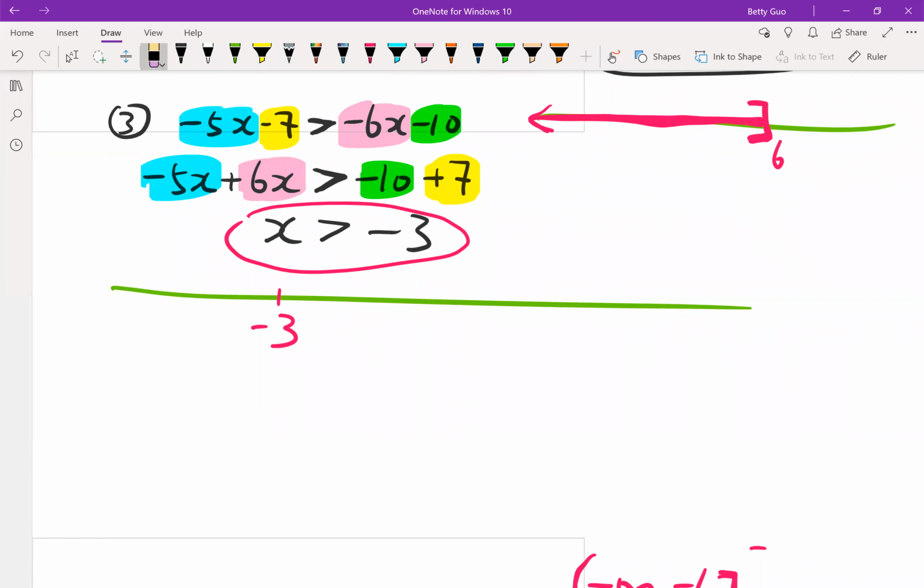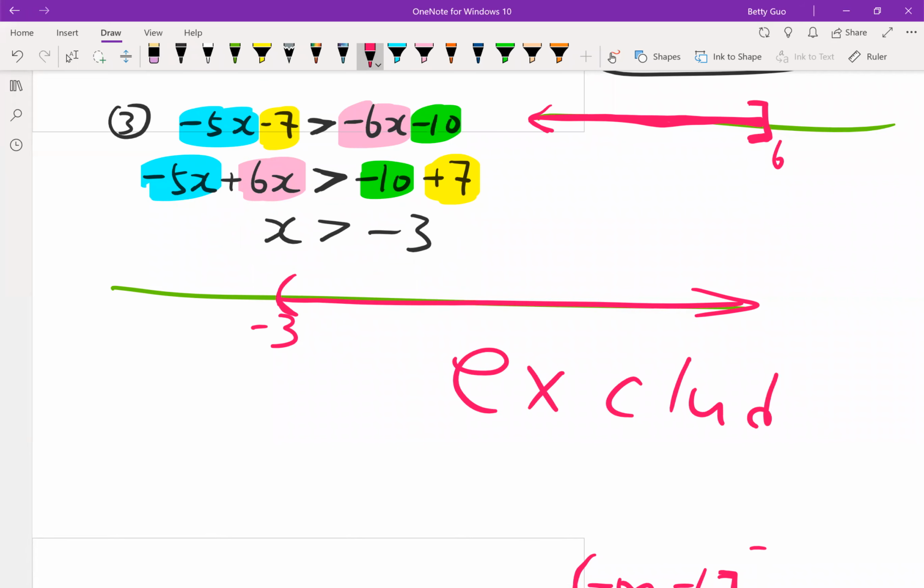The solution set of the inequality is a set containing all the real numbers bigger than -3. Graphically, all the points to the right of -3, but excluding -3 itself. That's why we have a left parenthesis at -3.